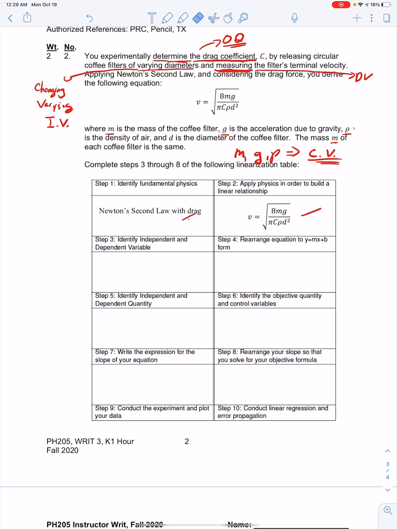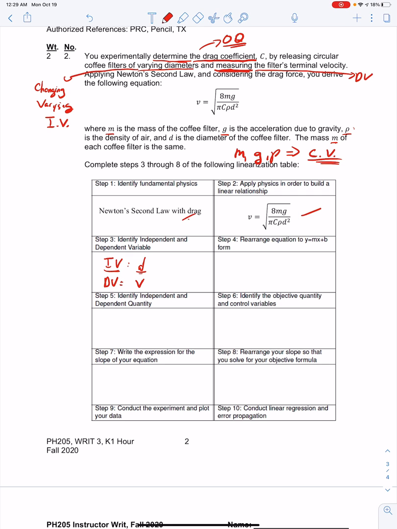We already said that the independent variable is D, because D is varying, it's changing. Remember, the dependent variable is the thing that you're affecting by changing the diameter. It's the thing that you're measuring. Remember those words. And what you're measuring is terminal velocity.